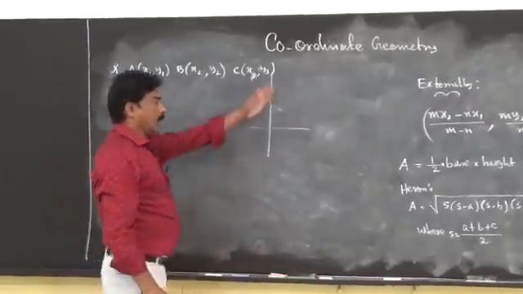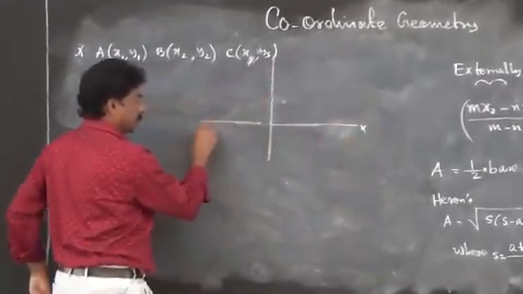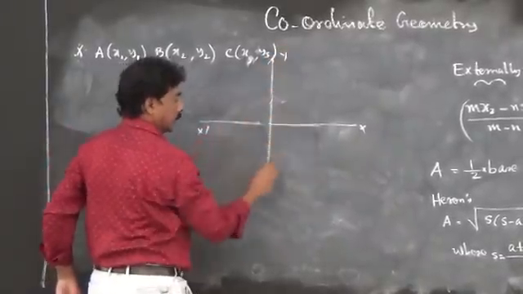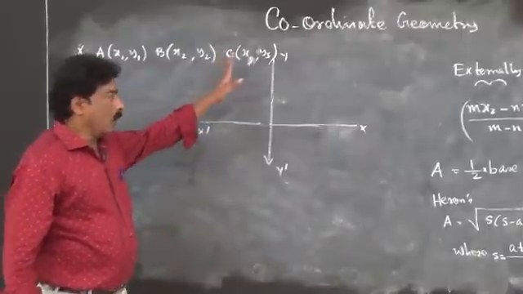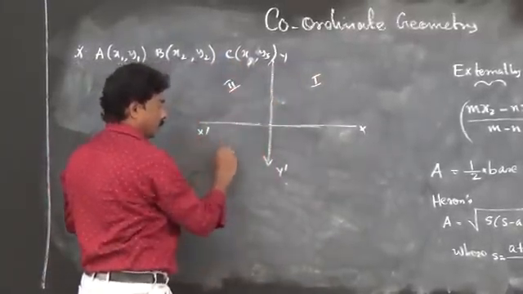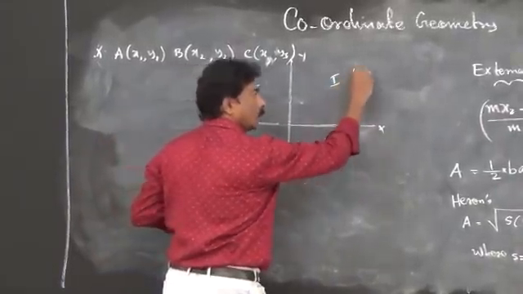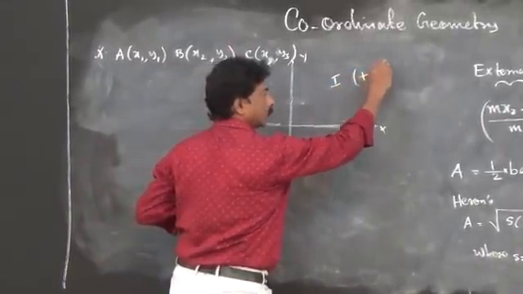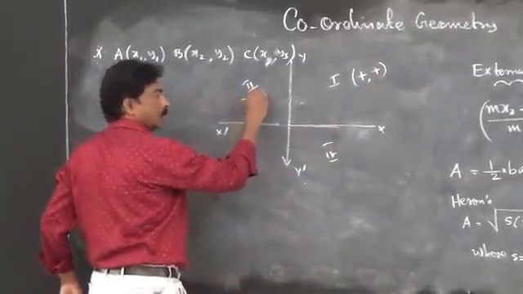So you know the coordinate axis. This is positive x-axis, this is negative x-axis, this is positive y-axis, this is negative y-axis. This is first quadrant, second quadrant, third quadrant, fourth quadrant. In the first quadrant, we know both x and y are positive. In the second quadrant, x is negative, y is positive.